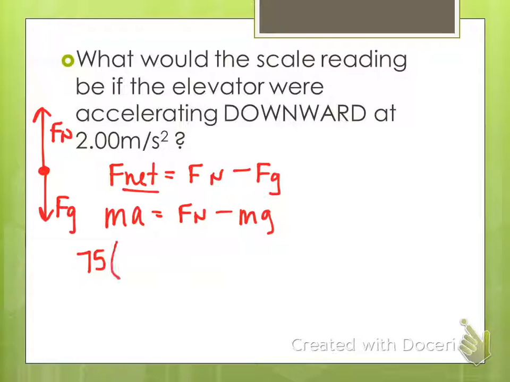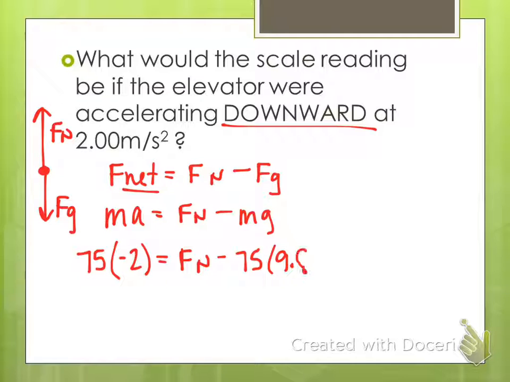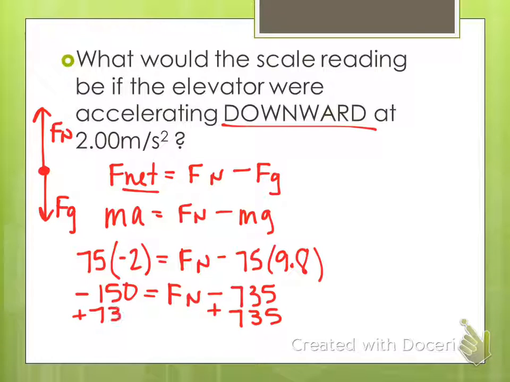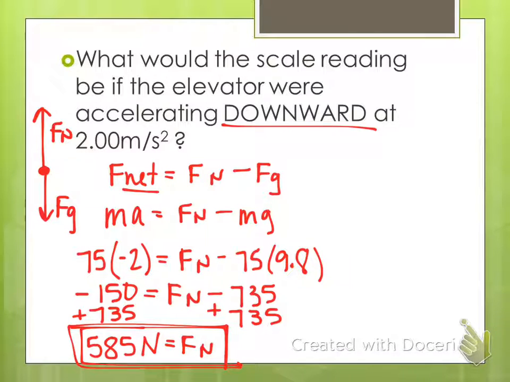So instead of putting a positive 2, whenever it says it accelerates downward, that means we're looking at negative 2. Your mass.